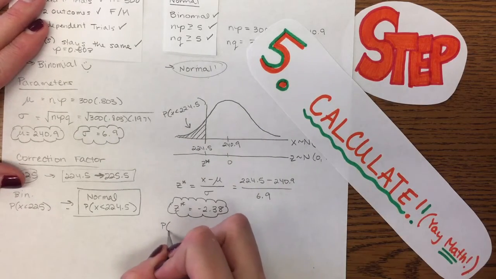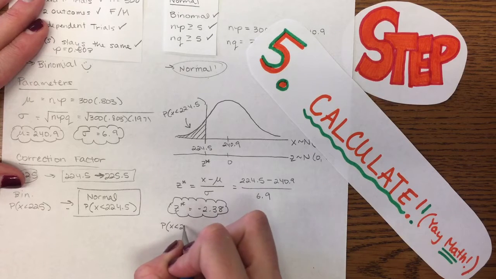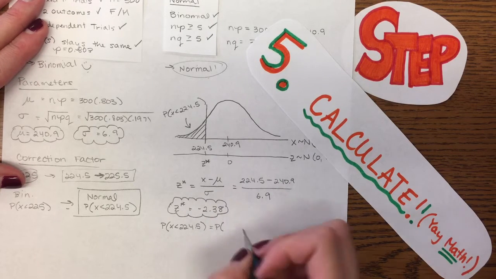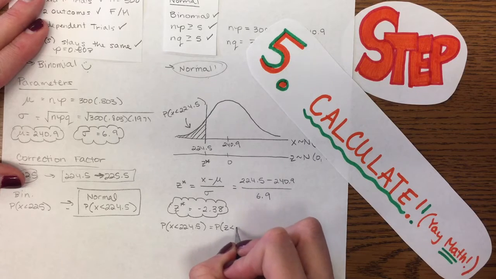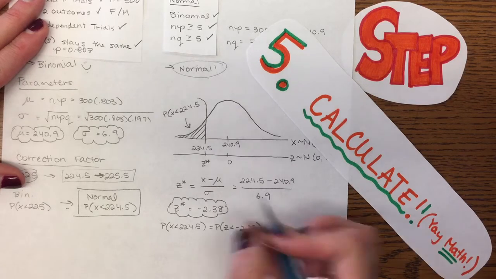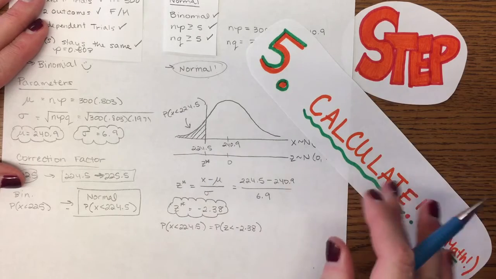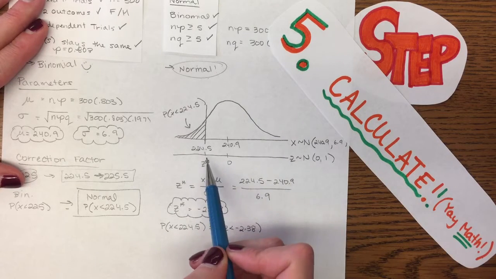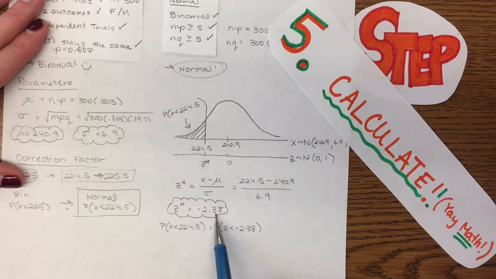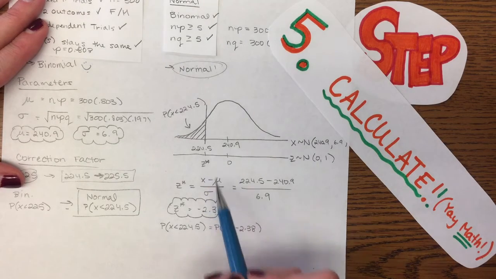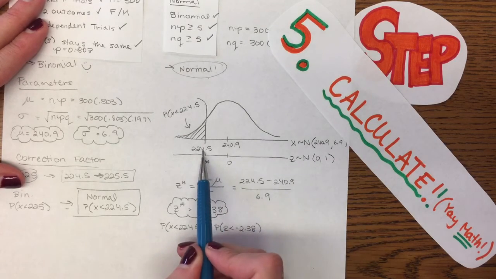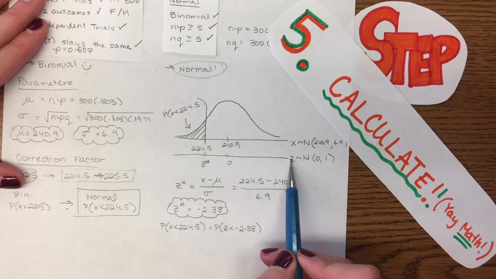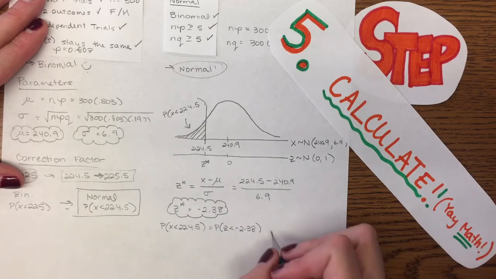So I'm looking for the probability that x is less than 224.5. This is the same thing as saying that I'm looking for the probability that z is less than negative 2.38, because 224.5 in the x world is negative 2.38 in the z world. I'm basically just converting, so these are equivalent statements.